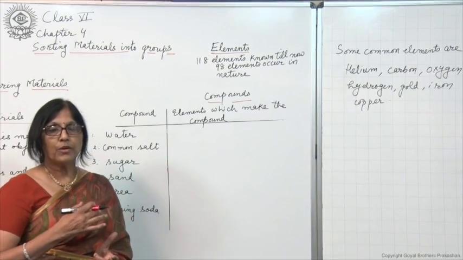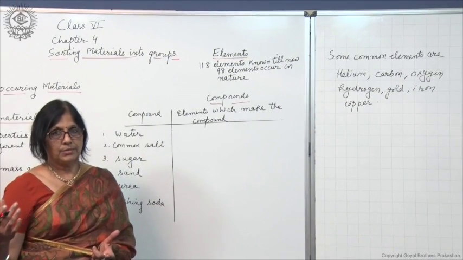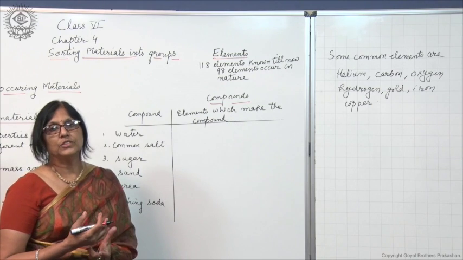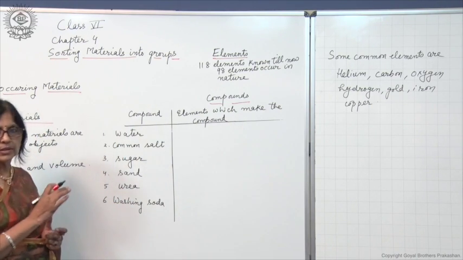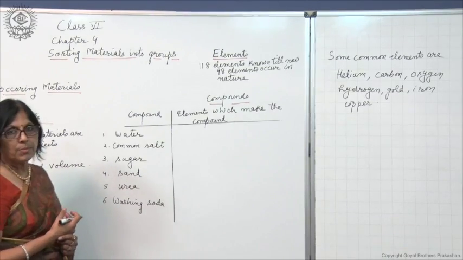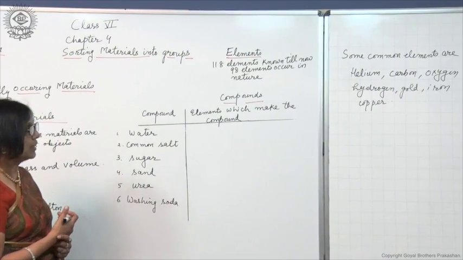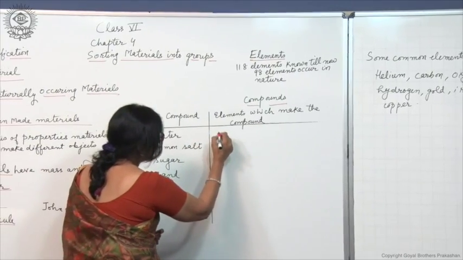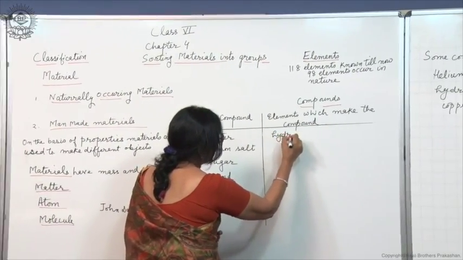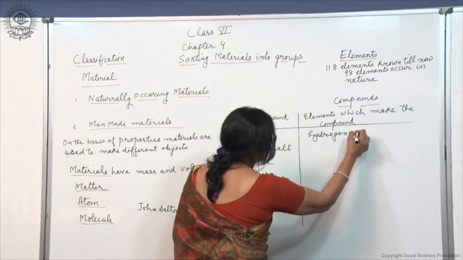Some of the compounds I have written here are very common, like water. I just want to give you a rough idea of what compounds are, details you will study later. Water is a compound, it is made up of the elements hydrogen and oxygen.